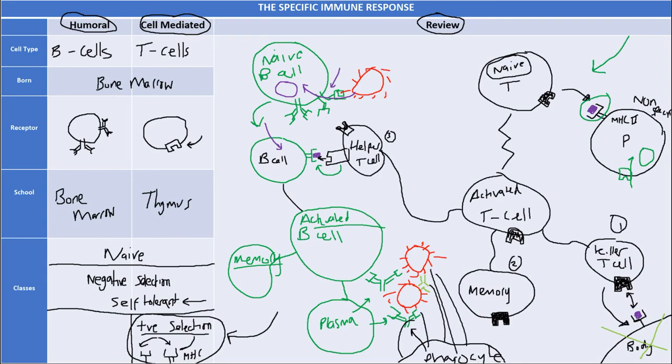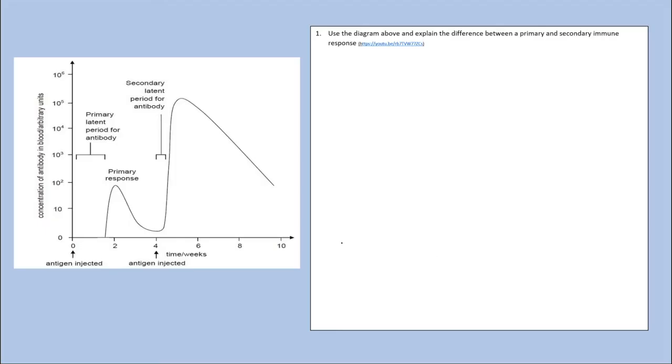Okay, let's take it a little bit further in that we are going to look at a typical exam question. On the left hand side here, you've got a graph showing an antigen. Let's recap: an antigen is something that triggers a specific immune response, right? So this could be an immunization shot, for example.